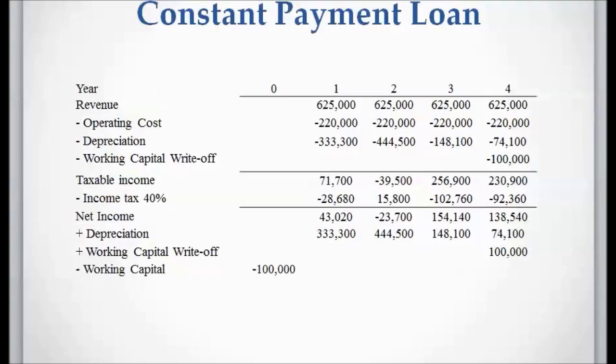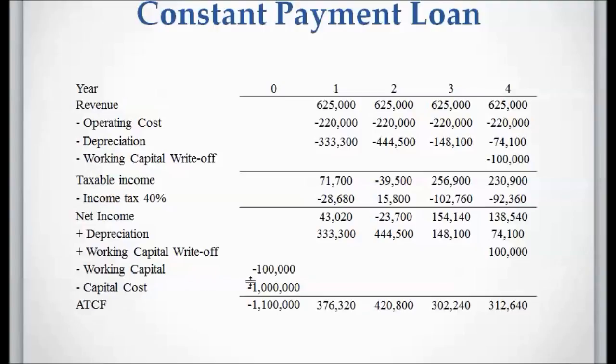Then we start adding the costs and capital costs. So working capital of $100,000 at present time with a negative sign, and capital cost of $1 million at present time with a negative sign.